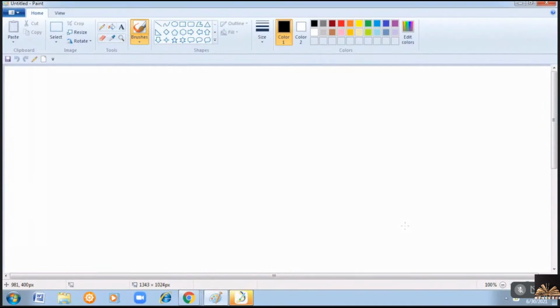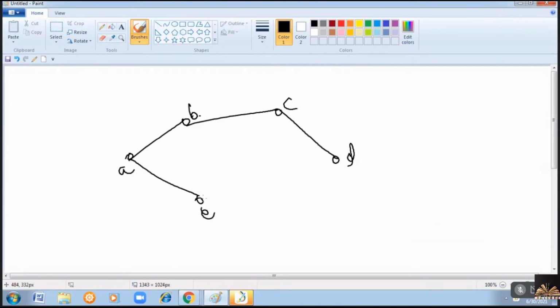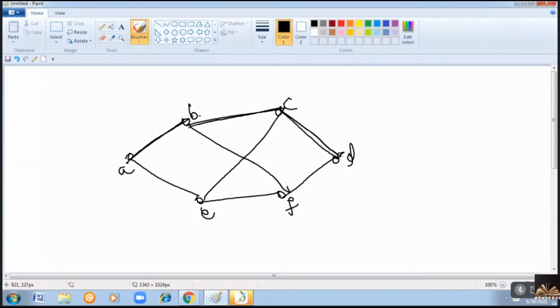Next, consider one more. The last one is this. When you observe this graph, you can say that it is a cycle. There exists a cycle, right? While drawing the graph itself, you can identify that there exists a cycle.